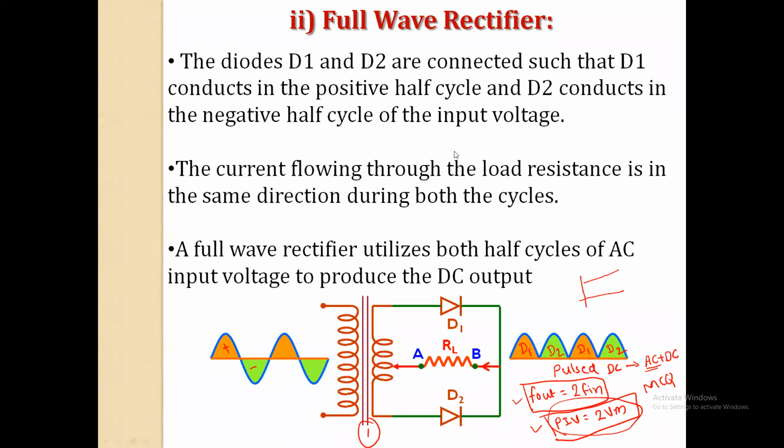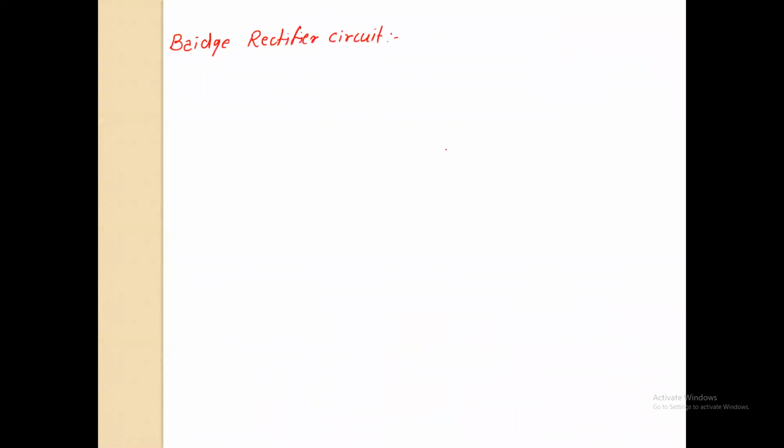Okay. So now we will see how the bridge rectifier circuit actually works. In the bridge rectifier circuit, we will discuss the circuit diagram, its working and the waveform. Now for the bridge rectifier circuit, the center tap transformer is not required.